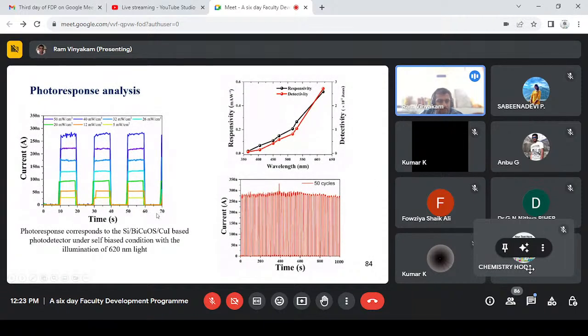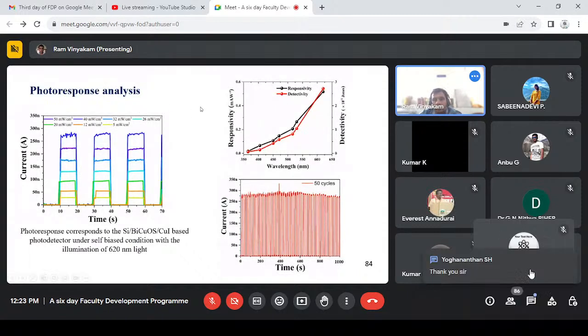To start with, we used red light of 620 nanometers, at very low intensity and slightly higher intensity too. We were able to achieve a photocurrent in nanoamps, not microamps as in the previous cases. The responsivity of this device is okay.